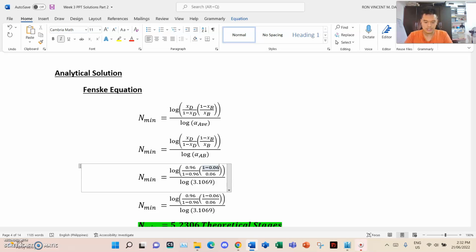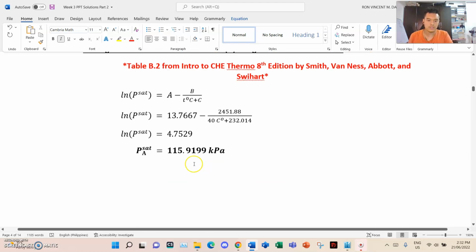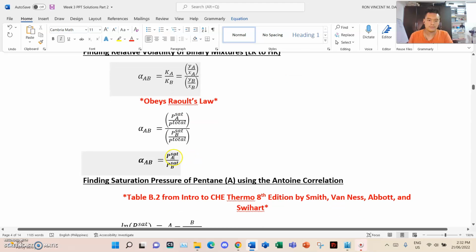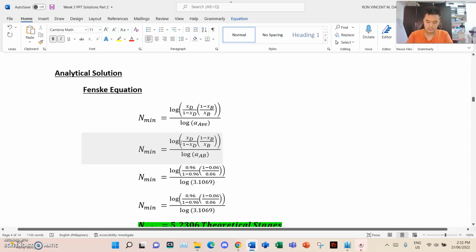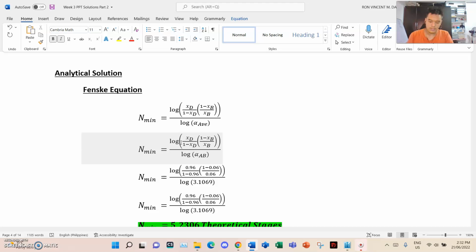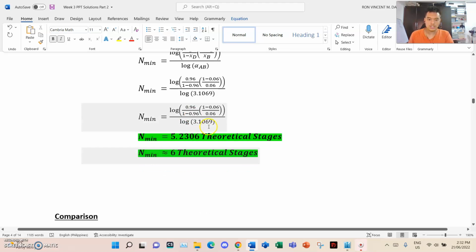So, 0.96, log of 0.96 over 1 minus 0.96, times 1 minus 0.06 over 0.06, then over the log of what we calculated earlier as the average volatility, which is 3.1069, gives a value of 5.2306 theoretical stages, or we can just approximate it to 6 theoretical stages.